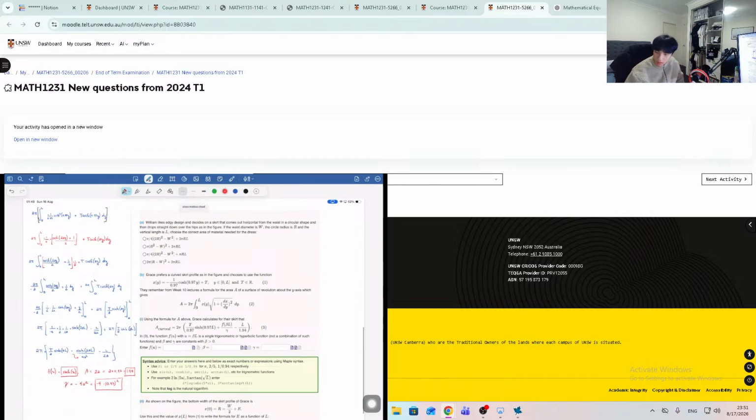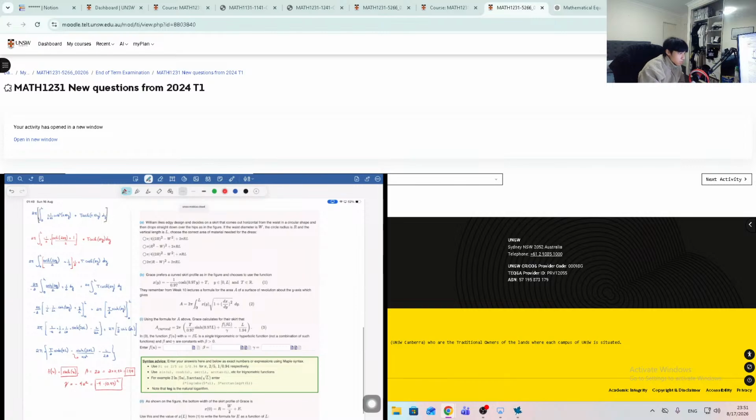As shown in the figure, the bottom width of the skirt profile, function of x at 0, is the bottom of the width of the skirt profile of Grace.